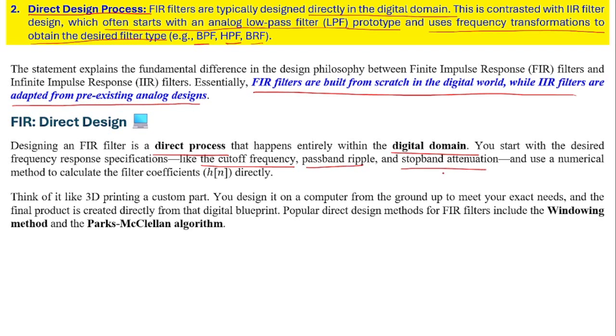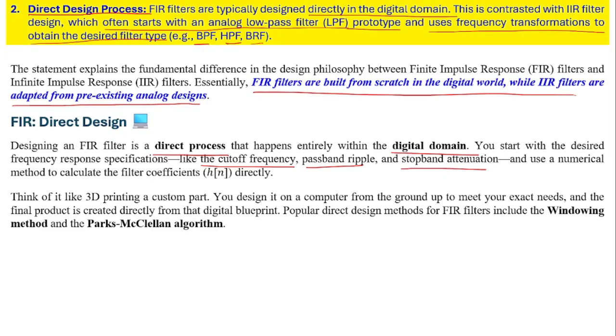So you need to understand what your requirement is. What should be your cutoff frequency? What should be your stop band frequency? After that, you should not get anything. What should be your pass band ripple? If you have all this information, then you are good to design an FIR.